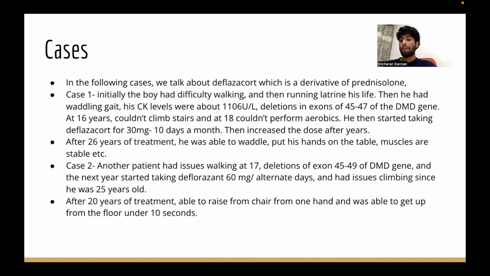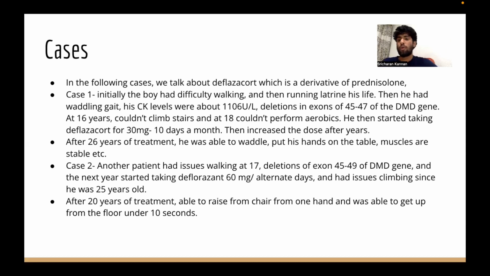The issue is a deletion of exons 45 to 47 of the DMD gene. This patient later took deflazacort, 30 milligrams a day for about 10 days a month, and then increased the dose to 60 after years of taking it. He took 60 milligrams for 10 days a month, and there were very slow progressions.